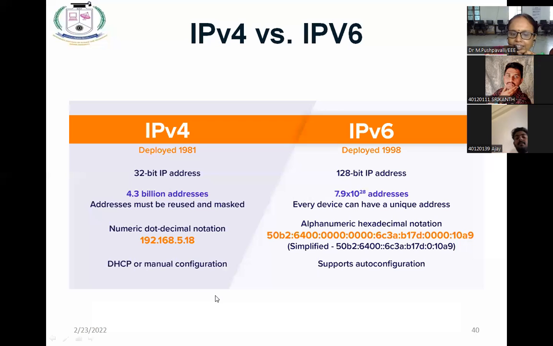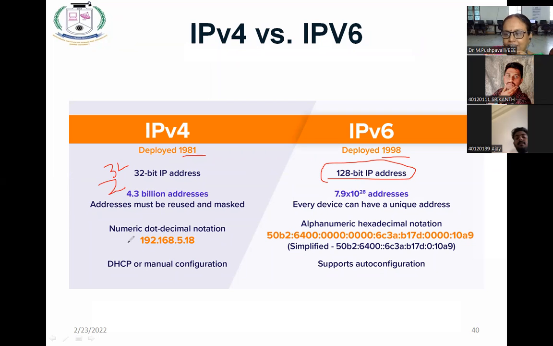So here you see that this is a 32-bit address, and this is a 128-bit IP address. The deployment was in 1981 and 1990. Here we get 2 power 32, 4.3 billion addresses, and here 2 power 128 IP addresses, 7.9 into 10 power 28.